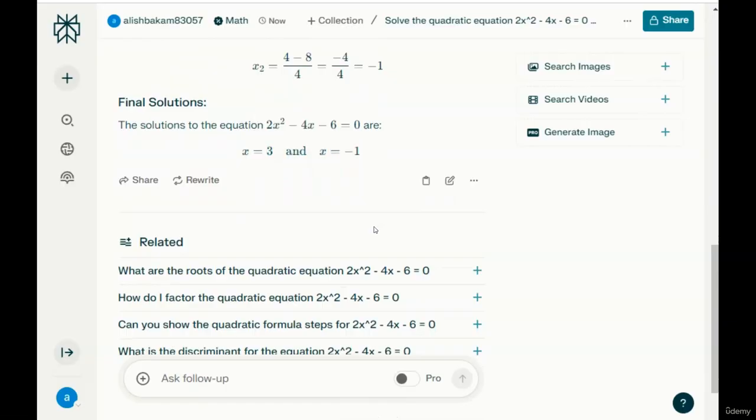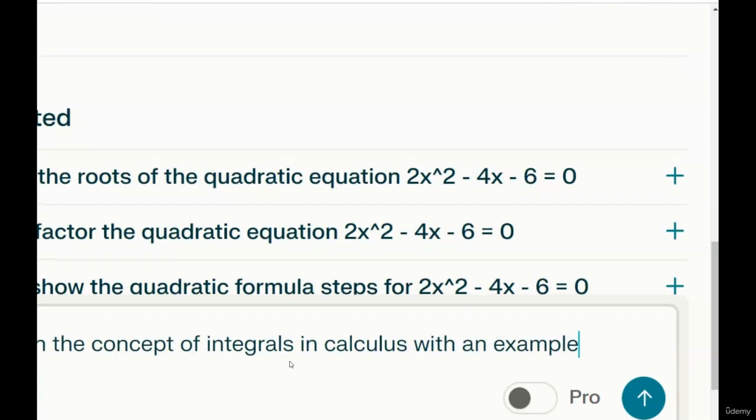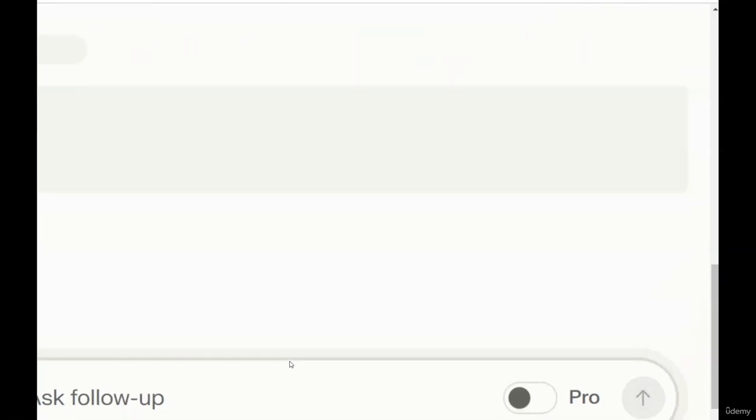Moving on, if you want to grasp a new mathematical concept, Perplexity AI can explain concepts in simple terms with examples. For this, type a query that says, explain the concept of integrals in calculus with an example.